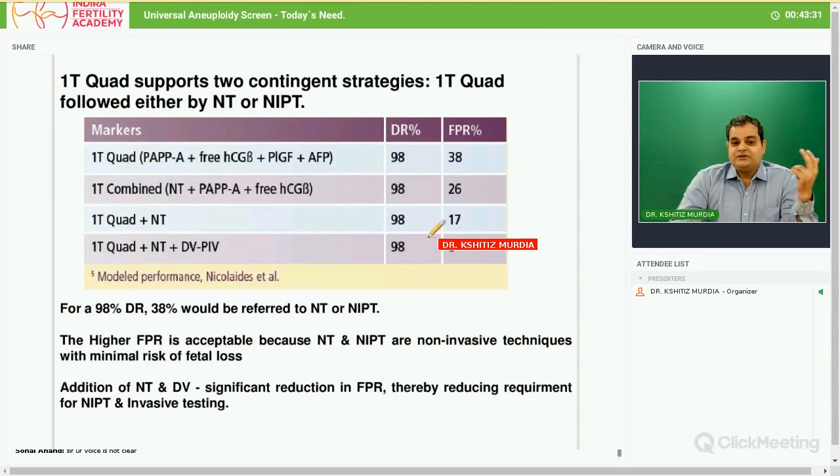With the 98% detection rate and a false positive rate of only 8%, this test becomes so powerful that it can replace the NIPT or the forthcoming newer technological test. The addition of ductus venosus and NT in this test can drastically reduce the need of NIPT and invasive testings.